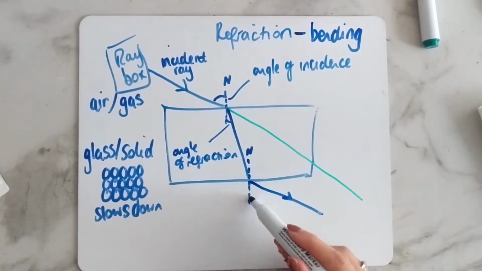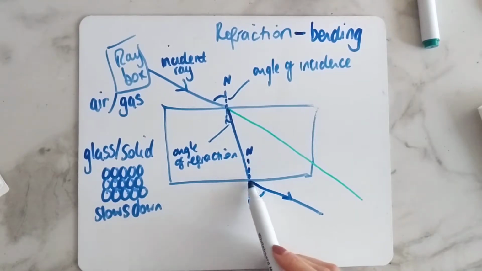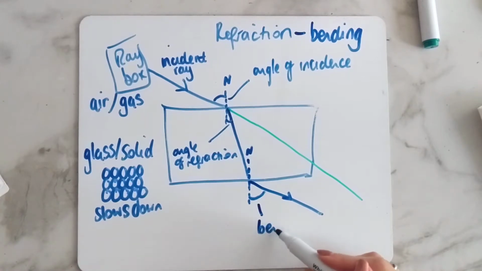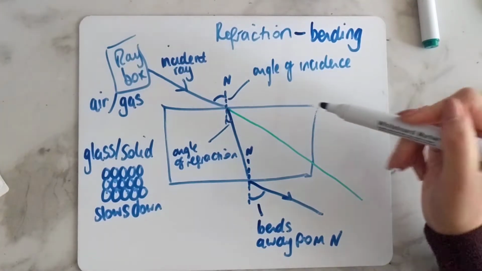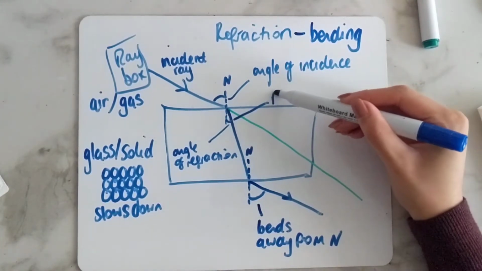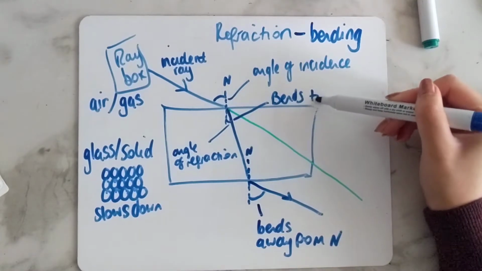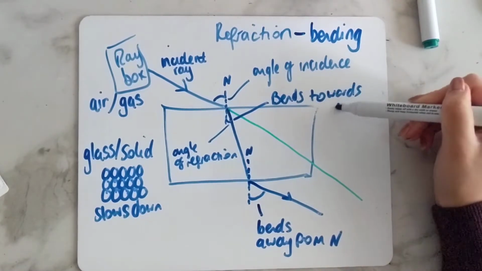So just so you can see here, as we're going back out into the air from the glass block, this ray bends away from the normal. And like we said, this one bends towards the normal.